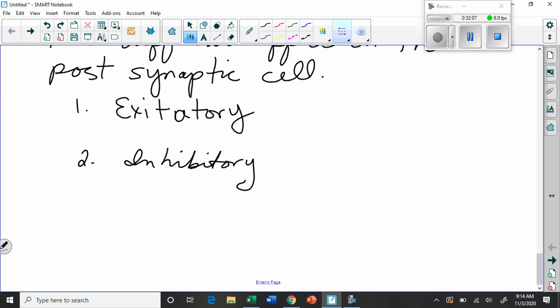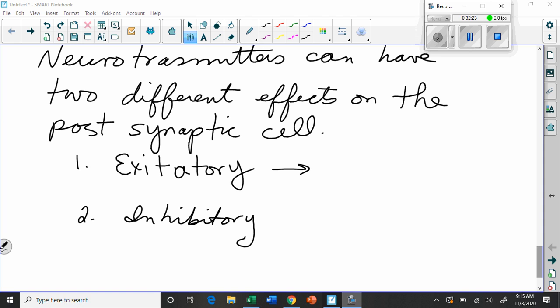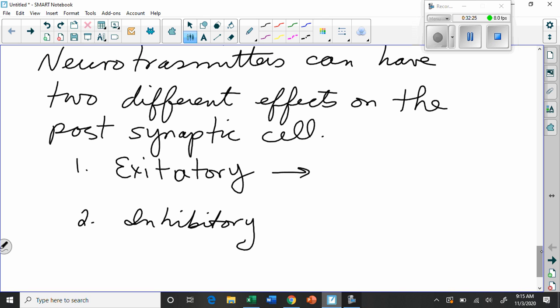And you can tell by those two names what they sort of do, right? An excitatory one would basically be wanting to cause some kind of action, want to cause a response to happen. All right, so back to excitatory, which would basically cause some kind of effect to happen.